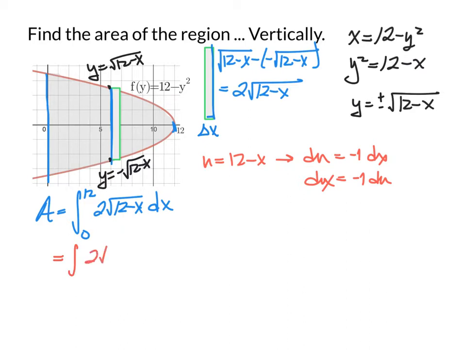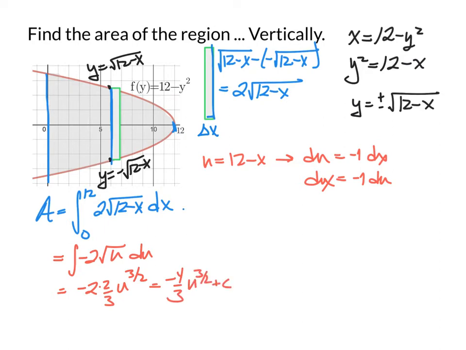So that 12 minus x is our u, and dx is negative du. So we integrate negative 2, we raise the power here to 3 halves, so we multiply by 2/3, which gives us negative 4/3 u to the 3 halves plus c.